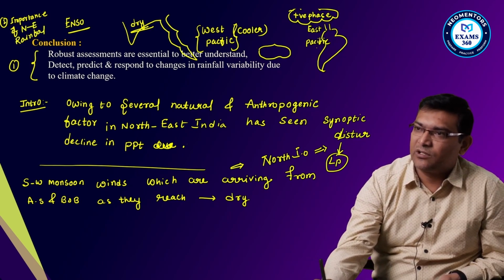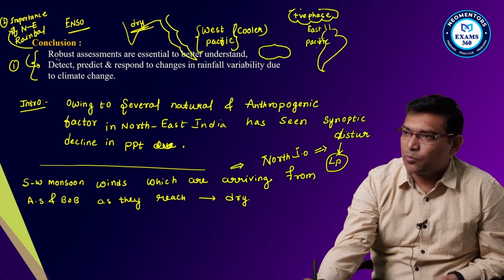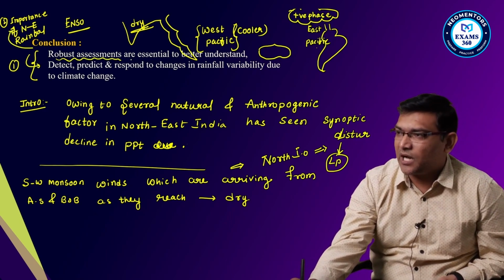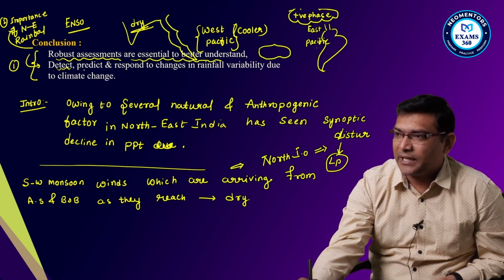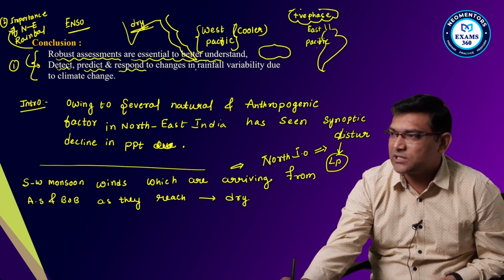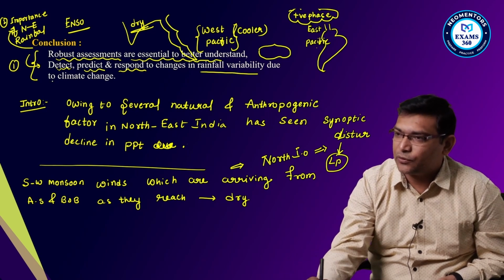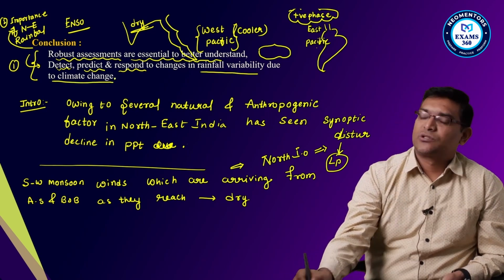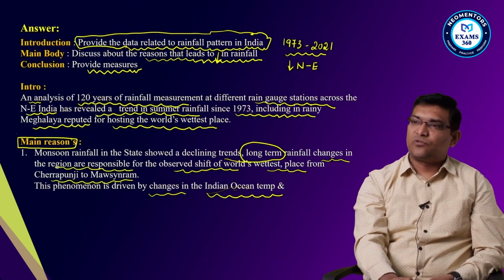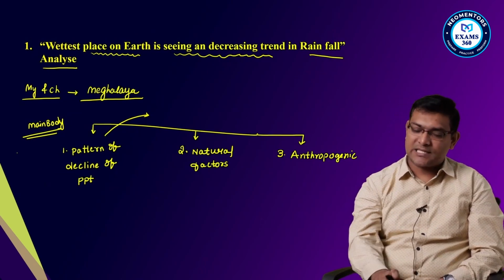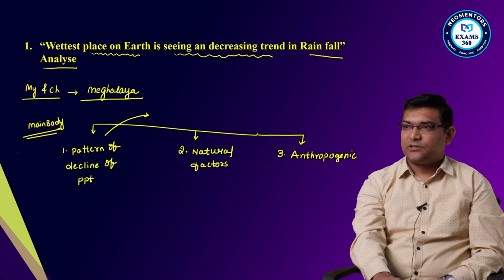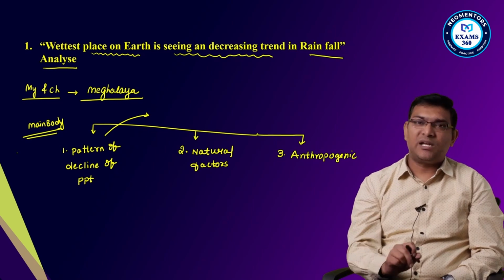Either write this one or this one: robust assessments are essential to better understand, detect, predict and respond to the changes in rainfall variability due to climate change. So this is your question: the wettest place on earth is seeing a decreased trend in rainfall, analyze. That is how to write it. Okay, so let us move to the next question.